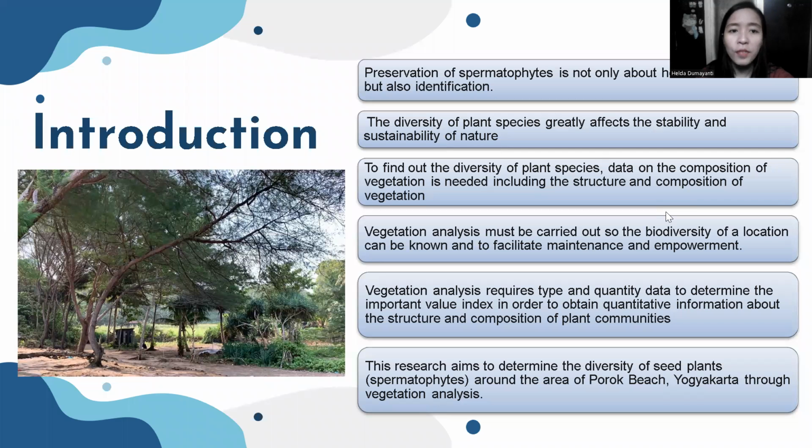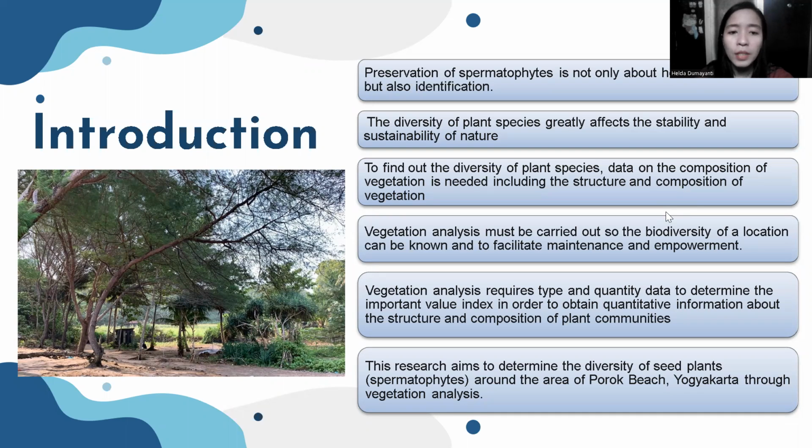Introduction. Preservation of spermatophytes is not only about how to care for them, but also in the identification. The diversity of plant species greatly affects the stability and sustainability of nature. To find out the diversity of plant species, data on the composition of vegetation is needed, including the structure and composition of vegetation.